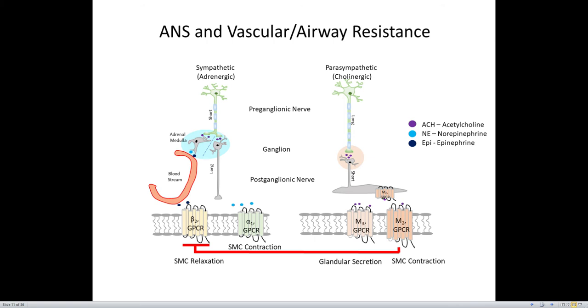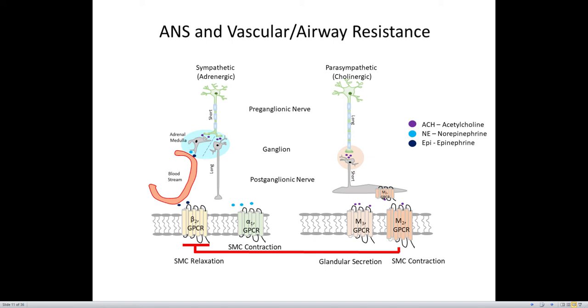Okay, this slide illustrates what's happening at the smooth muscle cell level. So again, we have our sympathetic and parasympathetic neuronal pathways. On the sympathetic side, we are releasing acetylcholine from the preganglionic nerve, which eventually is going to result in the release of epinephrine from the adrenal medulla and norepinephrine from the postganglionic nerve.